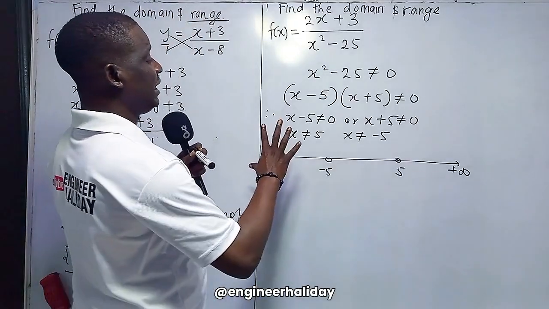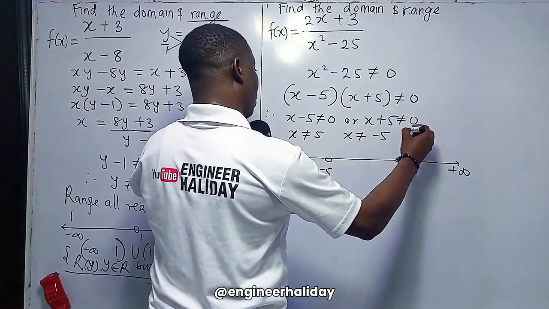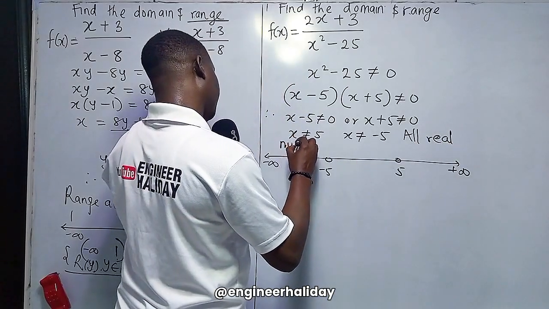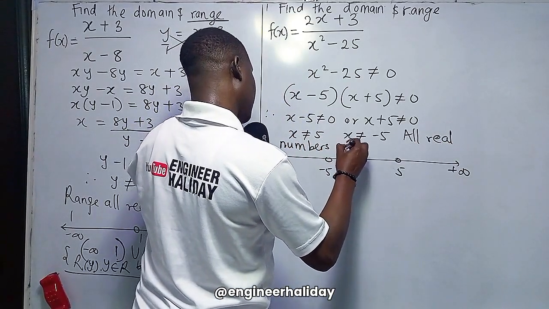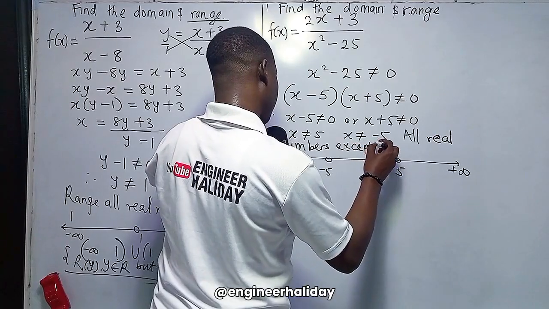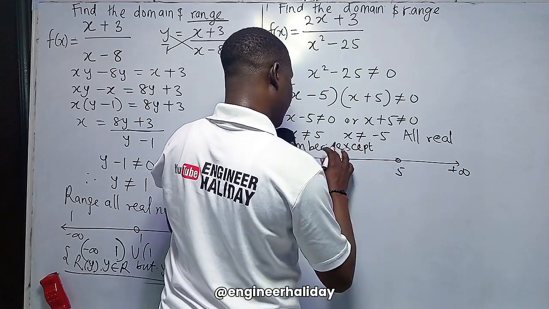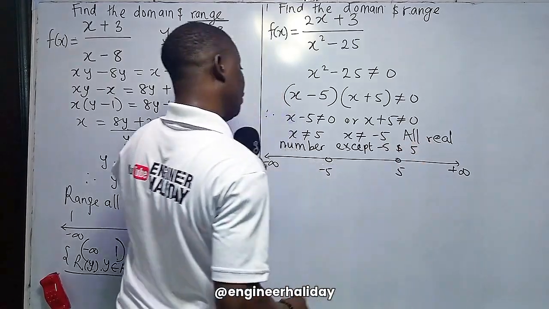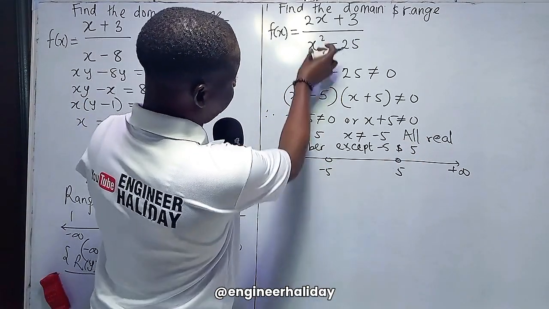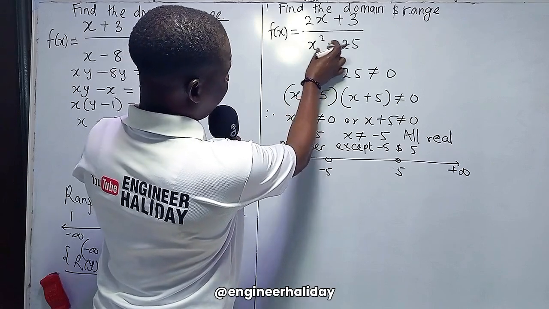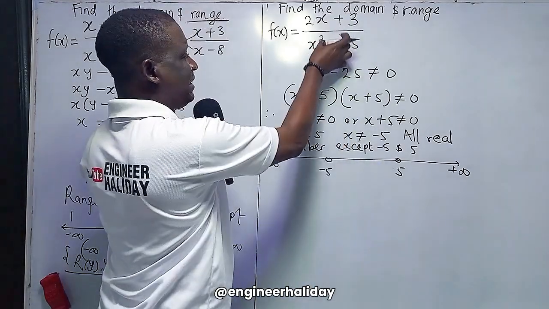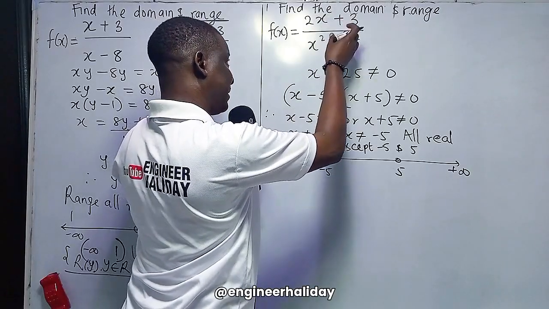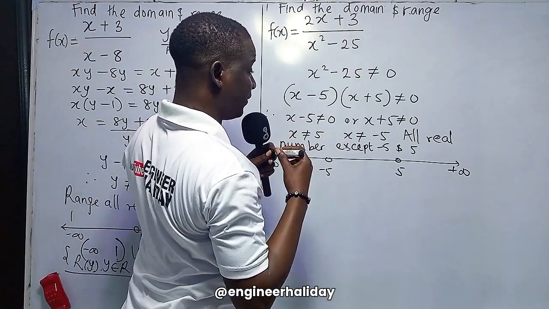Now, what we are saying is that this will be all real numbers except minus 5 and 5. Because if you put 5 here, 5 squared is 25, 25 minus 25 is 0, and anything divided by 0 here, because if you put 5 here, it will give us about 13, then 13 divided by 0 is undefined.